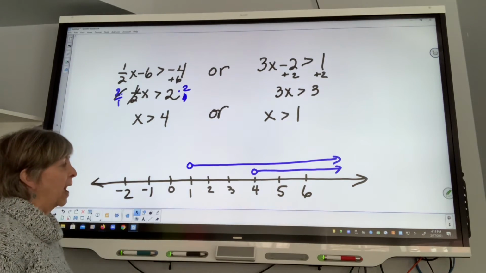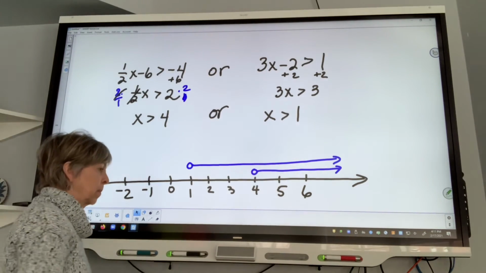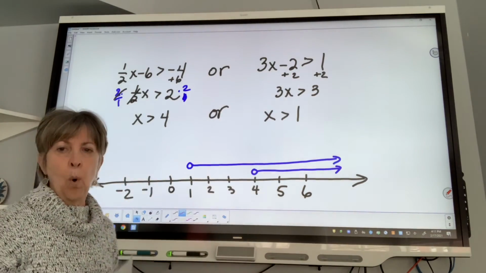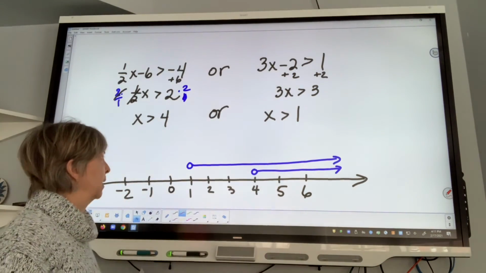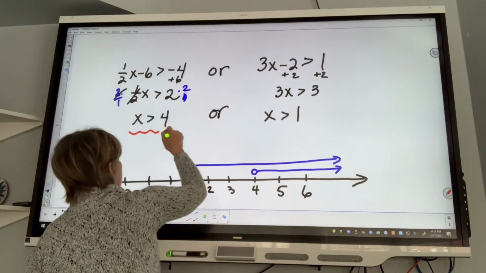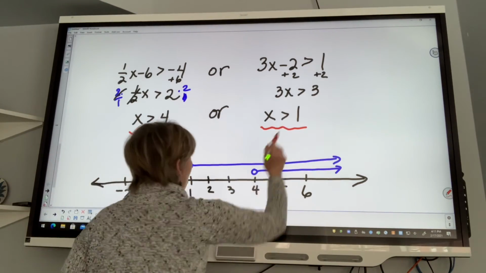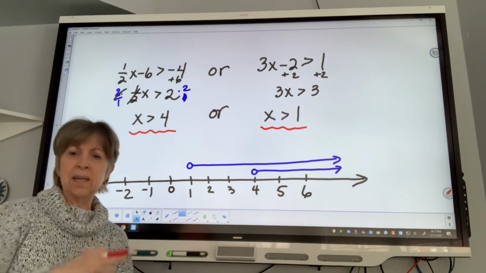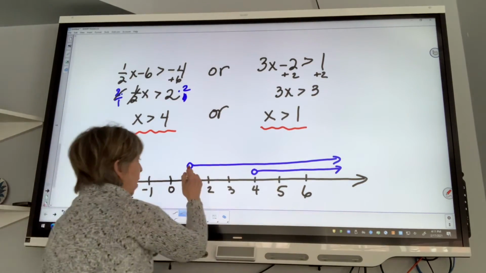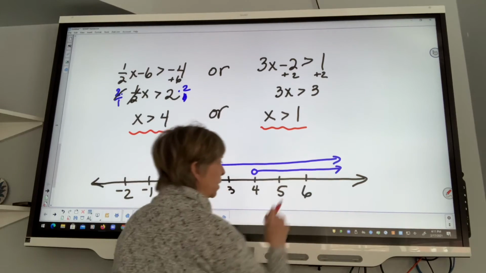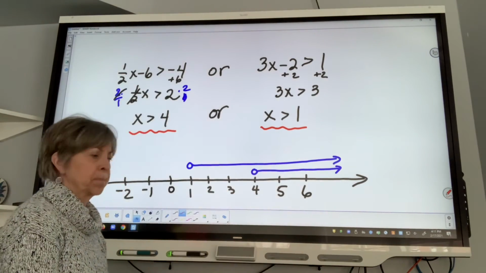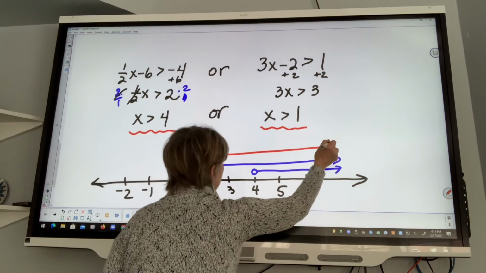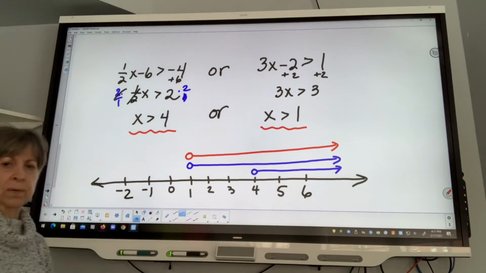So now if I asked you, I'm going to do my final answer in red. What numbers on the number line fall either into this set or that set or possibly both? So any number at all that's underneath either one of those blue lines, wouldn't you agree that it's going to be anything from 1 out?